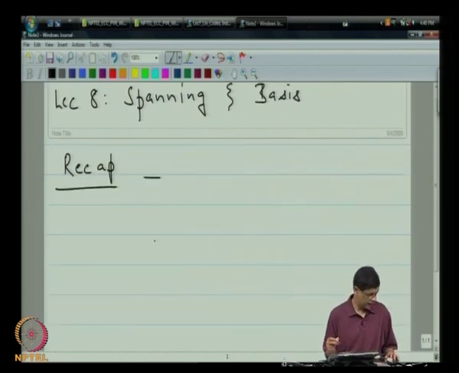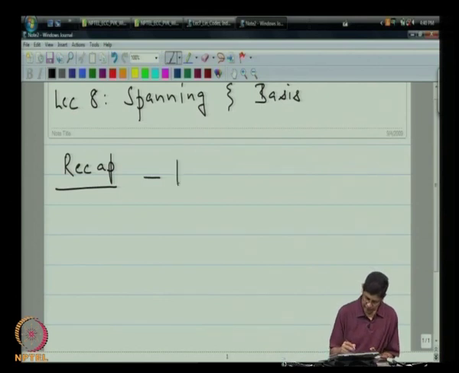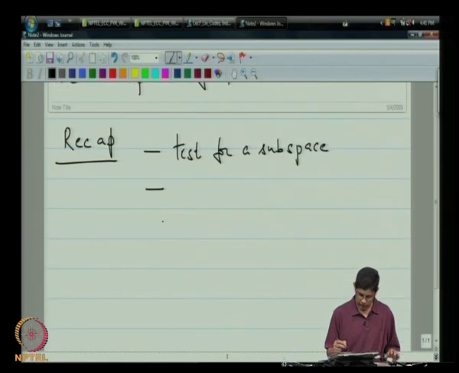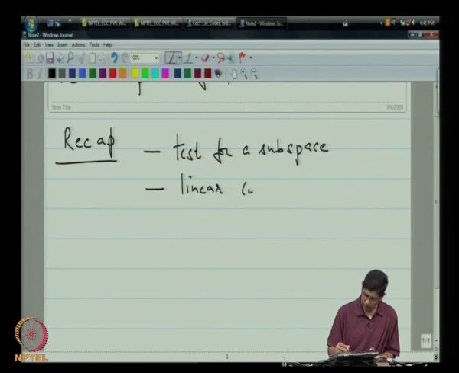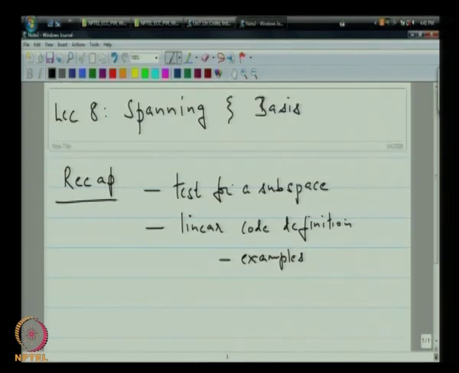We looked at the test for a subspace, then we looked at the linear code definition and examples.